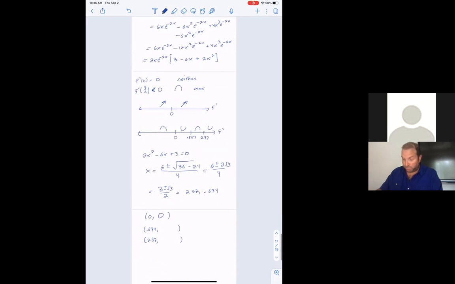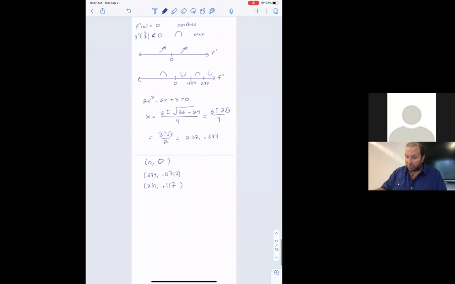This gives me 0.0717. There. And the other one, if I plug in 2.37, I get 2.37 to the third power times e to the negative 2 times 2.37, and that gives me 0.117.